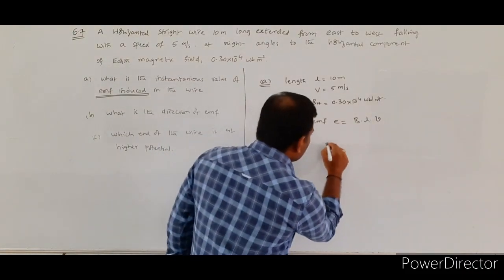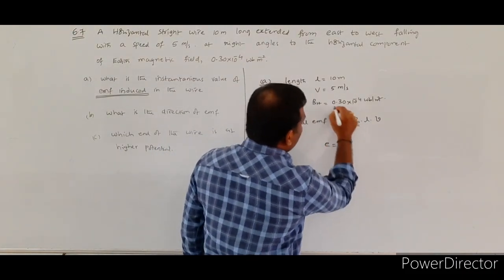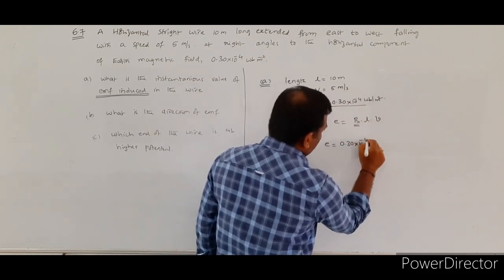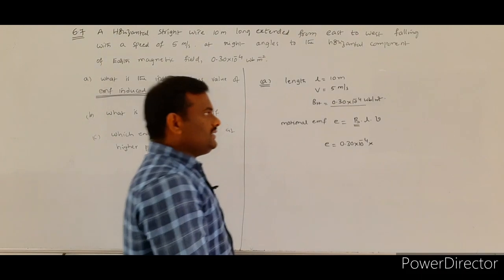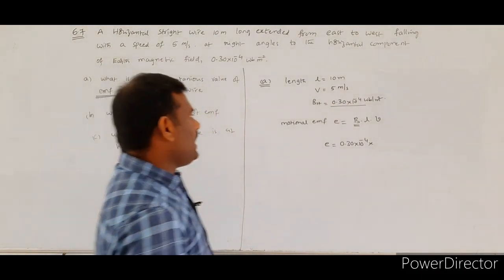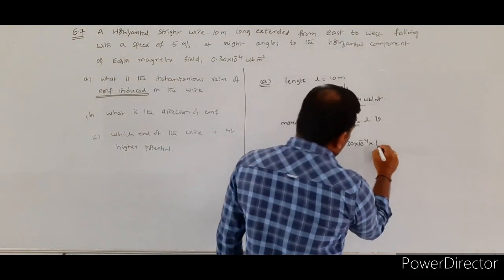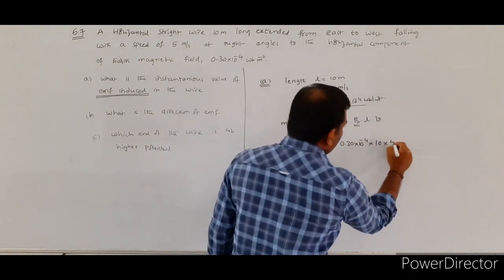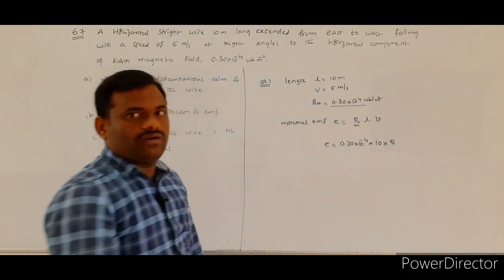So E is equal to, what is the B value they mentioned? 0.30 into 10 power minus 4, and the length of the given rod is 10 meters, and the speed of the moving rod is 5.